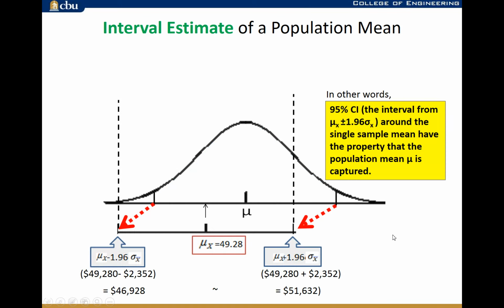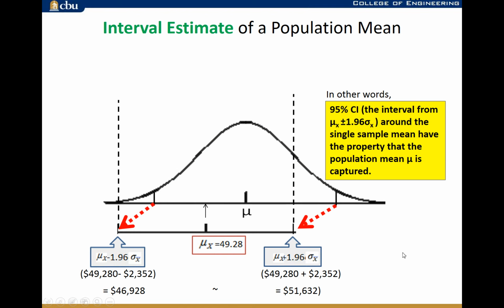So in other words, we can say that the 95% confidence interval, the interval from x bar plus or minus 1.96 standard deviations of errors around the single sample mean, has the property that the population mean is captured.